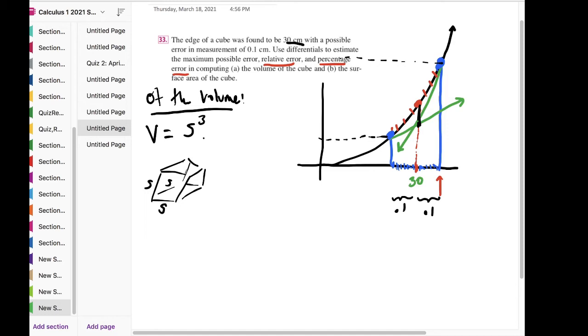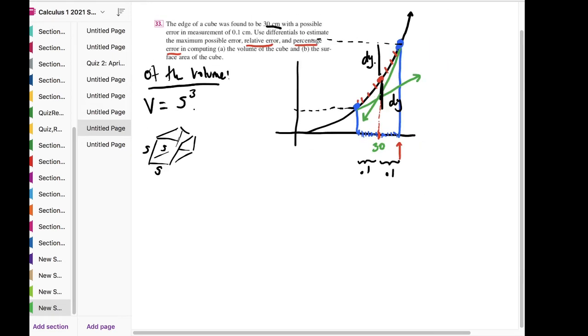So this value here is one of the dy's, and this value here is a dy. Okay, so let's apply the differential. How do you find dy? This is our error in our estimation. How do you find the differential?